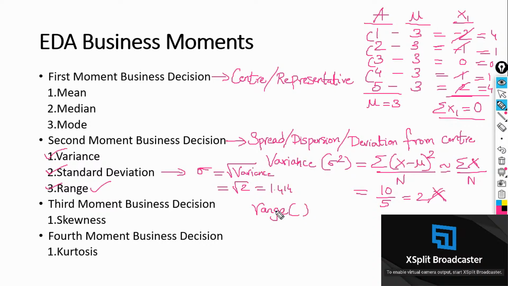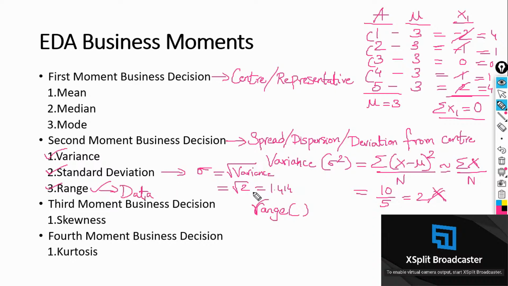We discussed range function as part of Python. This range function is different and the range that we will be discussing with respect to second moment business decision is completely different. Both are not same. The range that we have as a measure of second moment business decision will actually measure the range of our data.